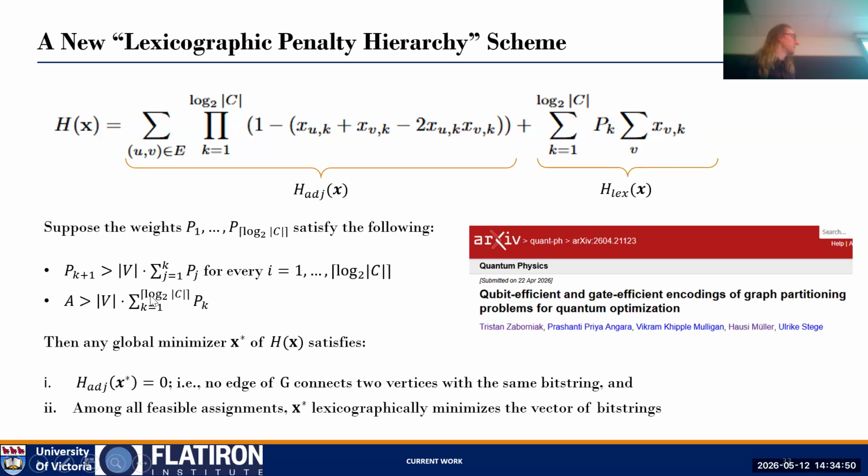And this one ensures that proper coloring is prioritized versus lexicographic order. The proofs are in this archive paper, and I won't go through them now, but if these two properties are satisfied, then any global minimizer of our Hamiltonian satisfies proper coloring. And among all possible feasible colorings or assignments, the optimal solution is the one that lexicographically minimizes the vector of bit strings.